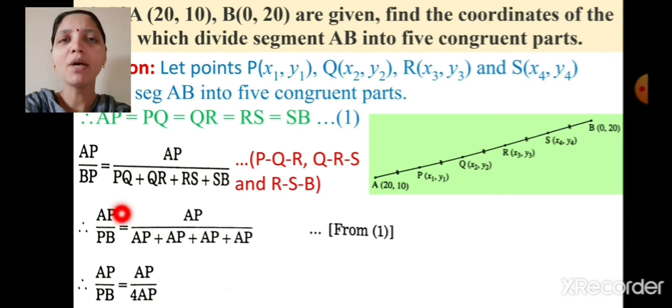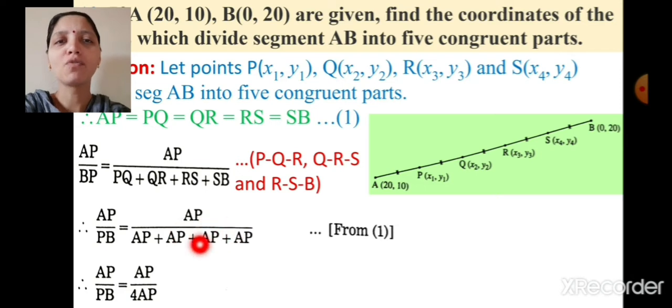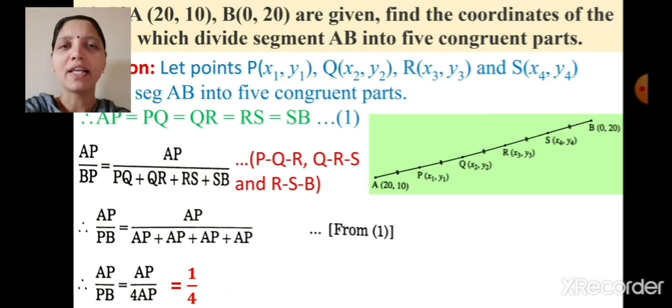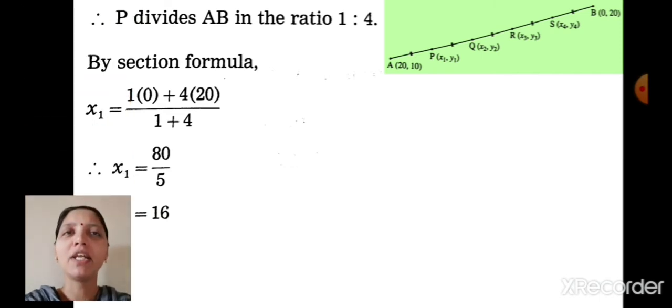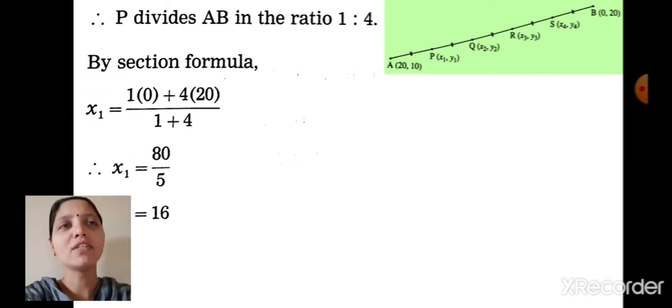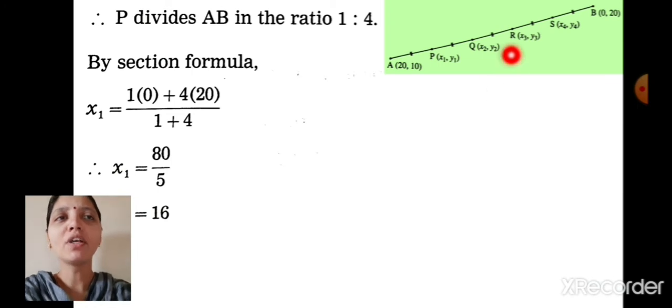Therefore AP upon PB is equal to AP upon 4 AP. Now AP will get cancelled, and the remaining factor is 1 upon 4. So AP upon PB is equal to 1 upon 4. So we can say that point P divides segment AB in the ratio 1:4. Okay, so we got the ratio now.